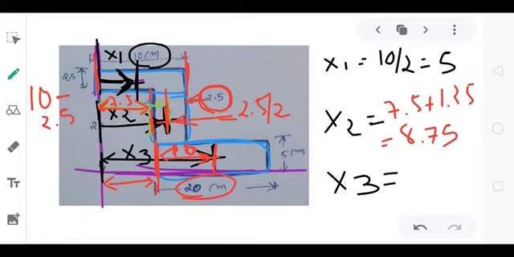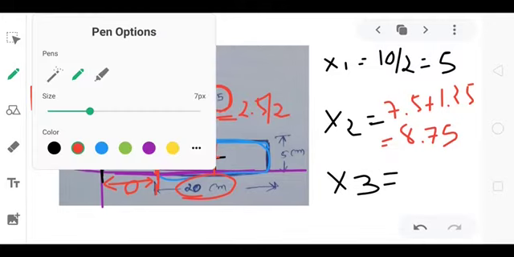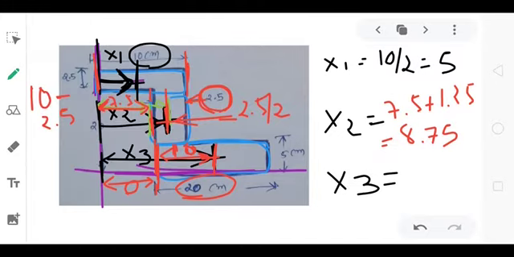So this 10 plus this distance, which we already found as 7.5, so 7.5 plus 10 will be 17.5. So this way we have found x1, x2 and x3.